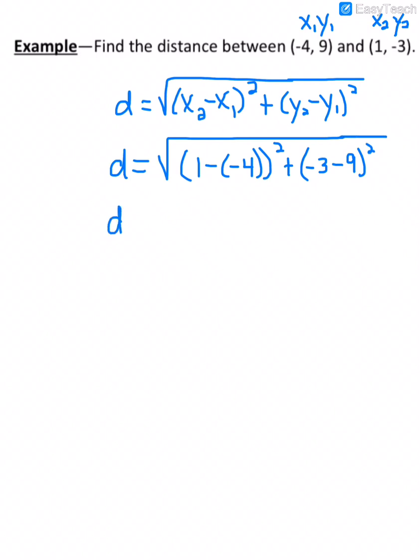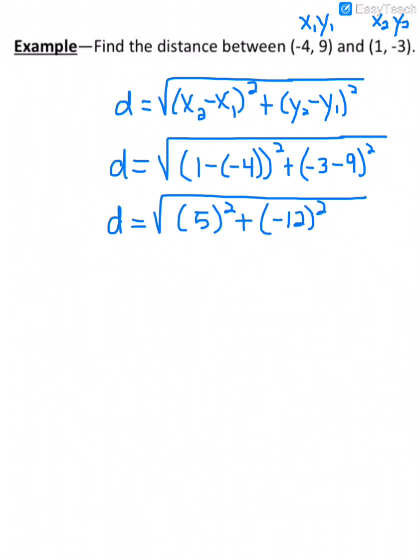Okay, so I need to make sure that when I simplify this, I'll follow order of operations, so I'm going to do what's in parentheses first. 1 minus a negative 4 would be the same as 1 plus 4, which would be 5. And negative 3 minus 9 would give me a negative 12.